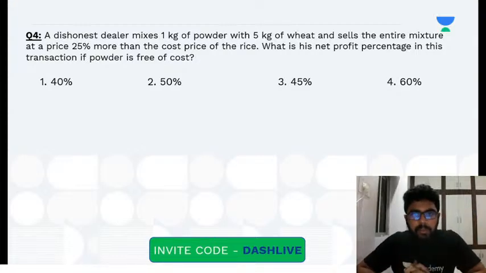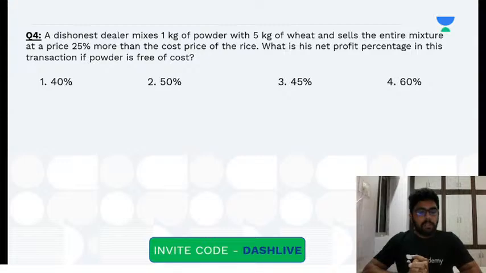Any answers? Similar question, profit loss discount chapter again, and we get these kinds of questions a lot of times. Type in your answers in the chat section if you have solved this.